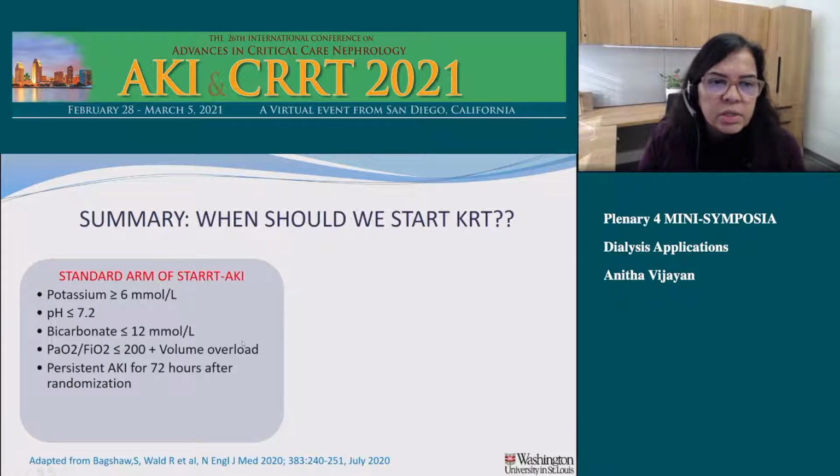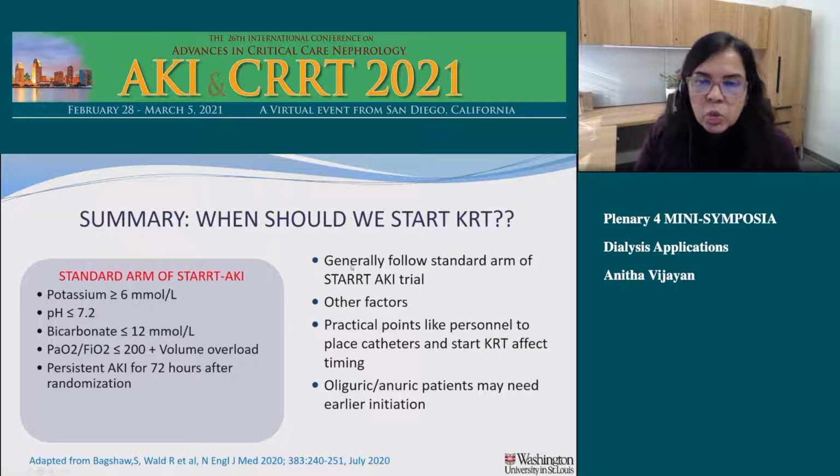And so this is the criteria that most of us would probably use for starting patients with COVID-19 or otherwise on renal replacement therapy. So what we did for our recommendations for COVID-19 patients was generally follow the standard arm of START AKI, but of course, there are other factors to consider as well, including practical points like personnel to place catheters and also personnel to start renal replacement therapy.